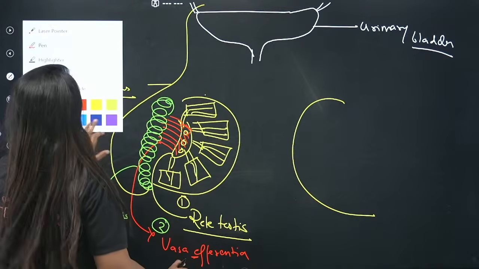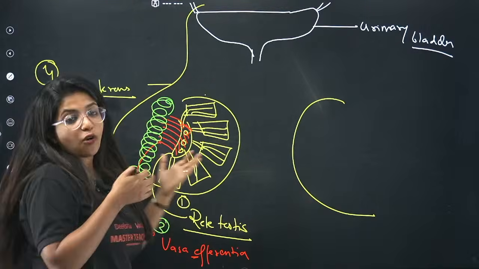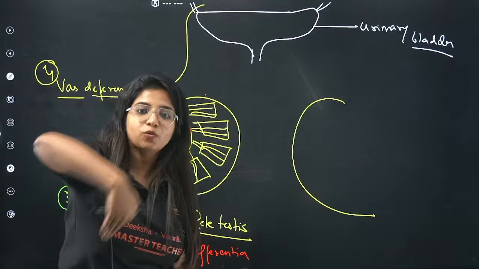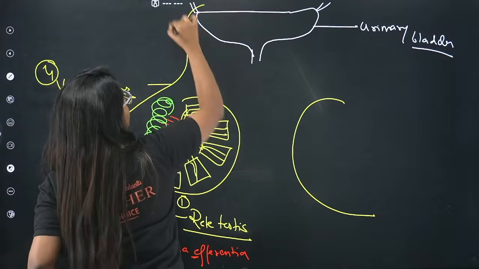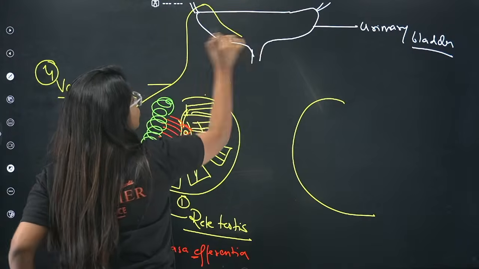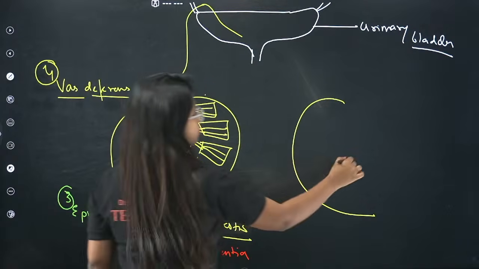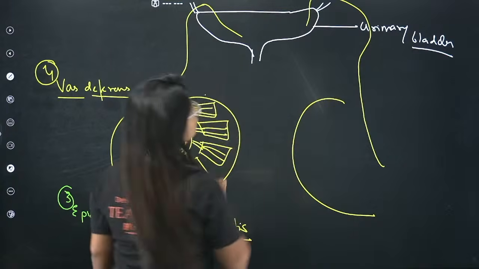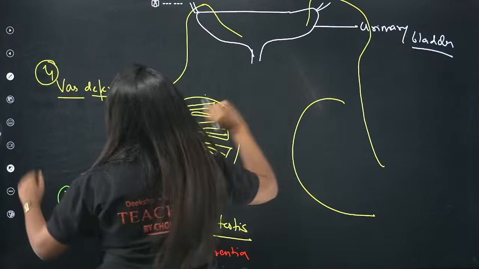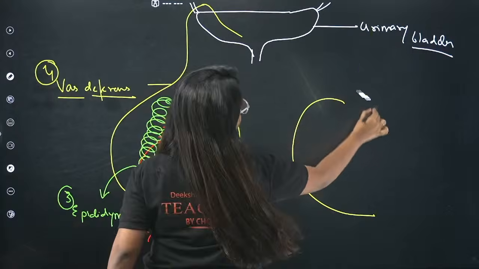The vas deferens, which is carrying the sperm, moves around from the back and comes over here to the front. It's like a shawl that we put from the back side, and at the front it comes like this. Similarly from this side also you are going to have a similar thing. From both sides you are going to get a vas deferens.